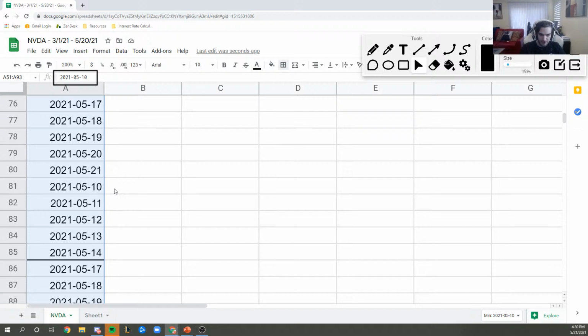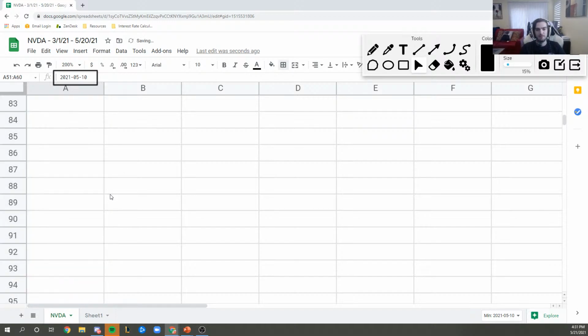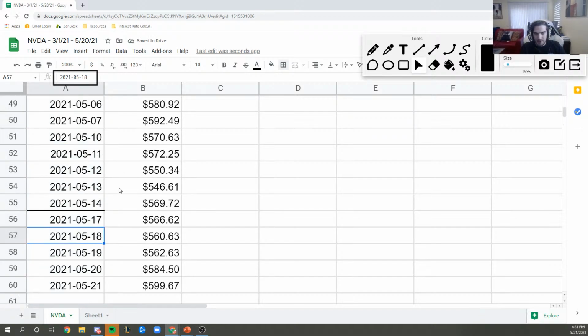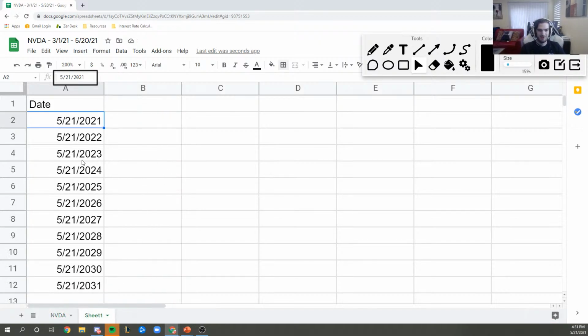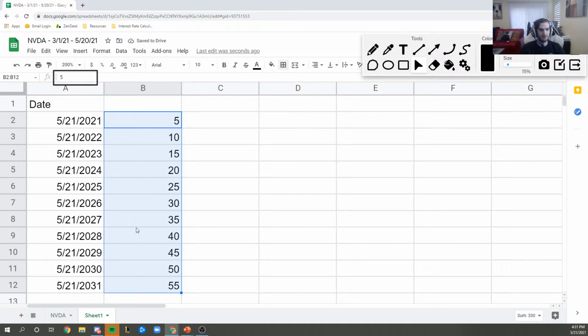Does it recognize the weekends? No, it does not. Darn. Okay, well, the point still stands about the dates and the numbers. Again, anytime you give it a pattern and you copy the formula, it will copy your pattern.